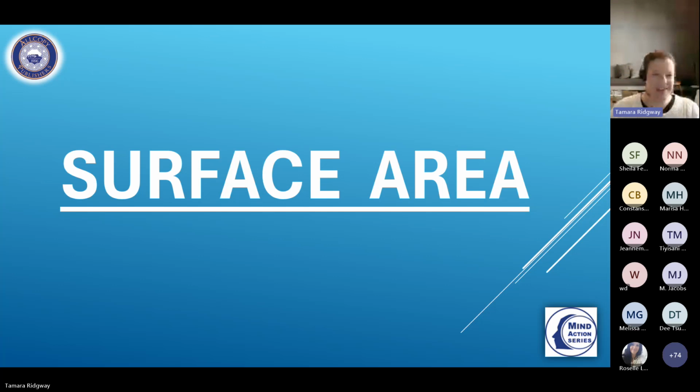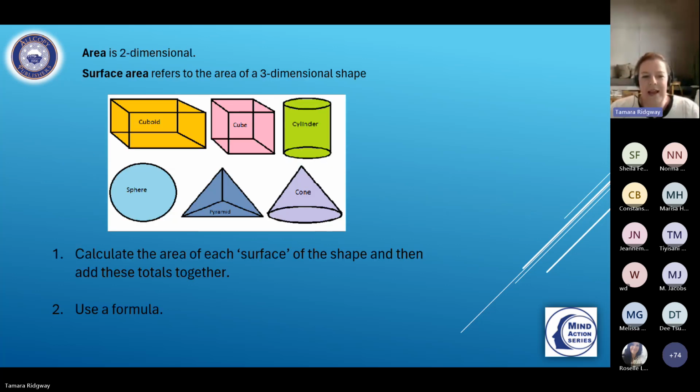Surface area. Area is two-dimensional. Surface area is three-dimensional. These are the shapes that we are familiar with. These are shapes that have come up in assessments of all different kinds. I'm not saying you mustn't continue doing your assessments, including all these shapes.